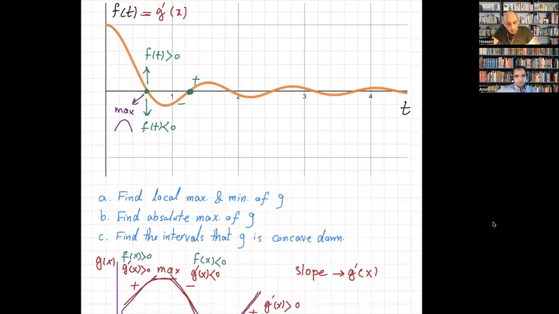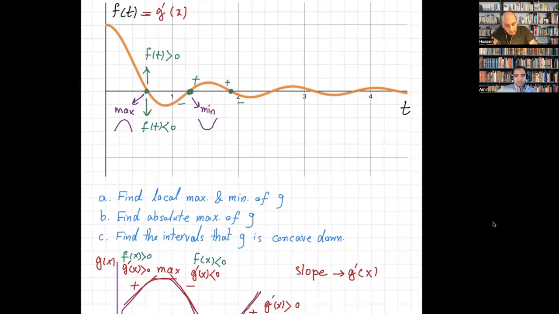So this point is a local min. It means that the curve of g is something like that. And then moving forward, the next intersection is here, and the slope changes from positive to negative.